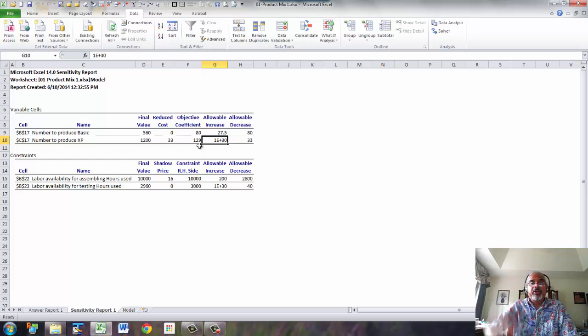There is no upper limit. On the downside, the allowable decrease is $33, so it can go down to 129 minus 33. Within that range, the final values for the two decision variables will not change. It will be 560 and 1200. So that is the sensitivity about the objective function.